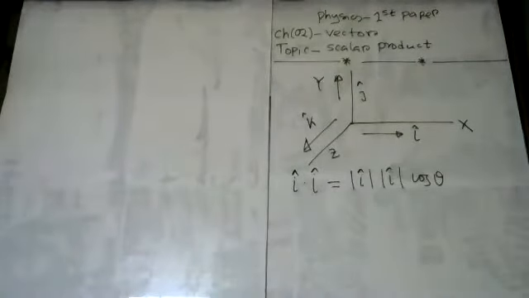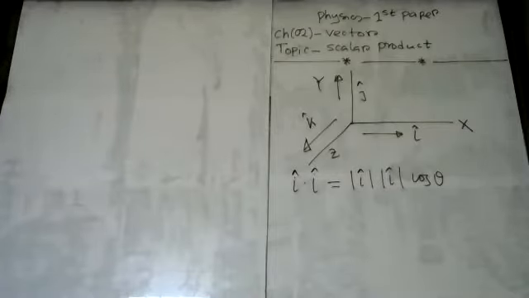Now, i hat is a vector, and i hat is also another vector, and these two vectors are acting along which axis? Along the x-axis. Since these two vectors are acting along the x-axis, the angle theta will equal 0 degrees. In this particular case, the angle you obtain is 0 degrees. So the angle between two same vectors will equal 0 degrees.